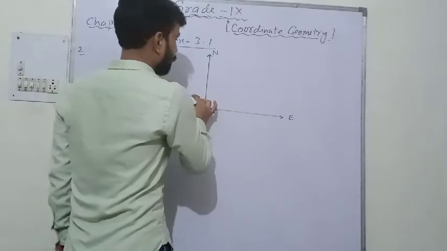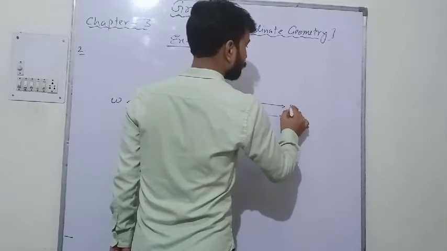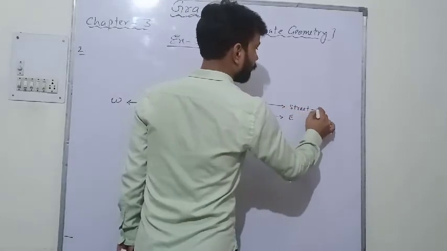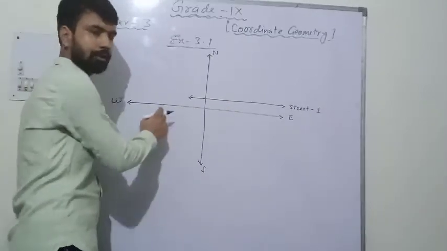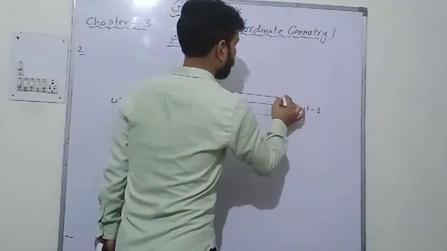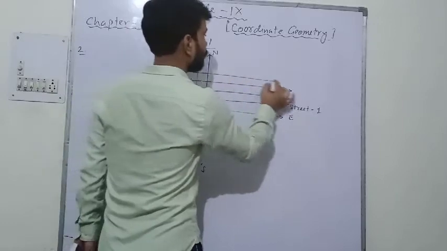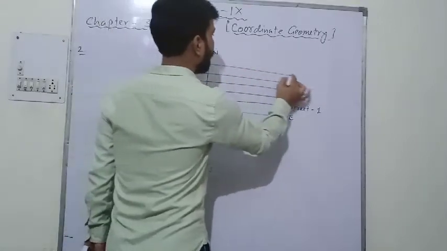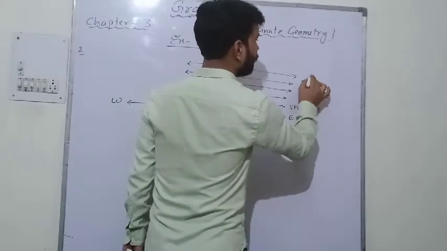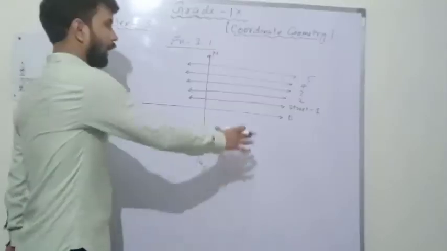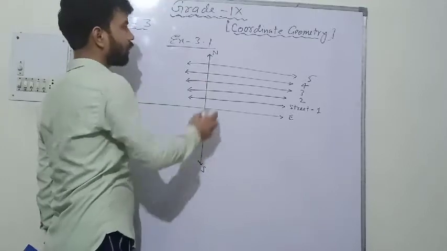So see, street 1, this first street is parallel to the east-west direction. Street 2, street 3, street 4 and street 5. This is the first, second, third, fourth and fifth street along the east-west direction.